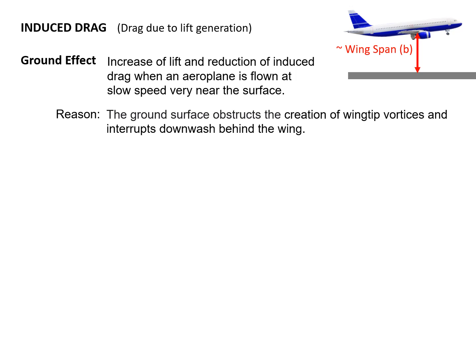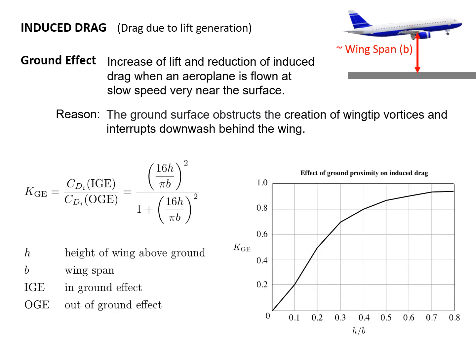So those adverse effects cannot develop, and we receive the benefits. It's an advantage for the aircraft. We also have the factor K_GE, the ground effect.